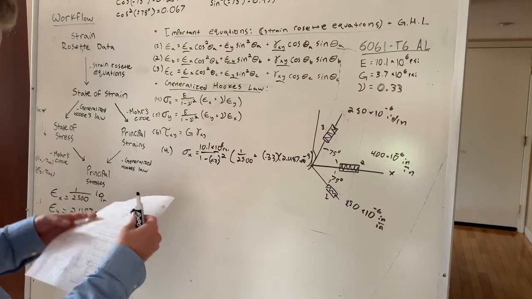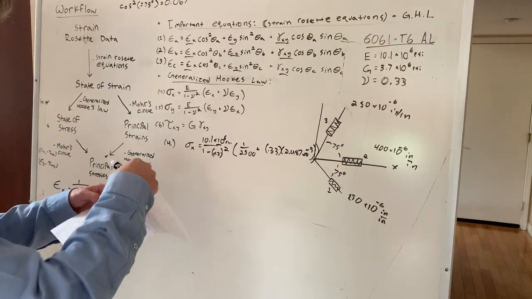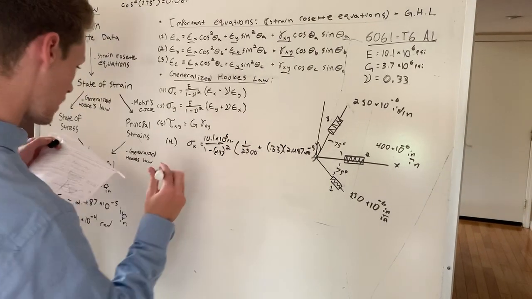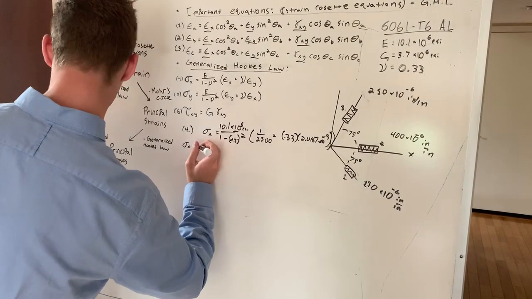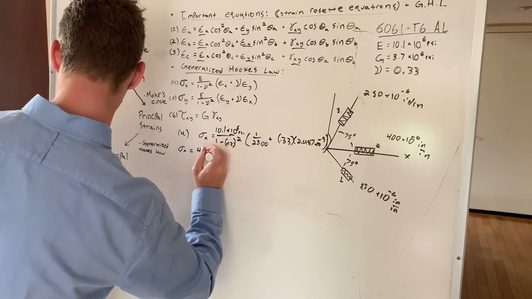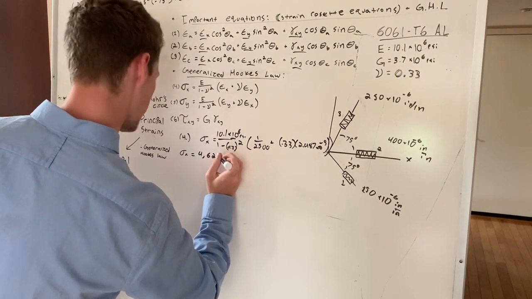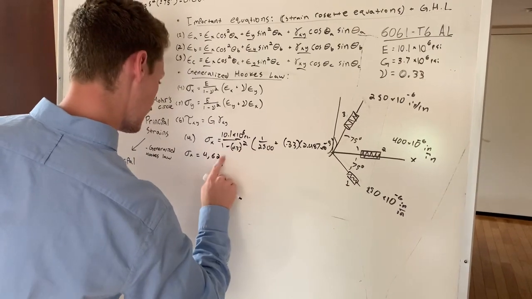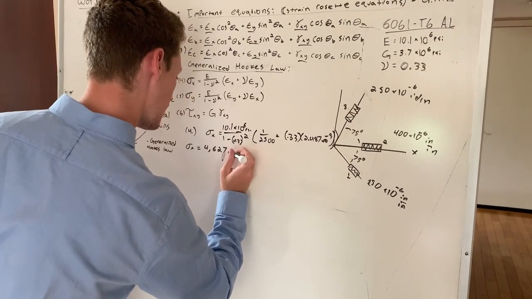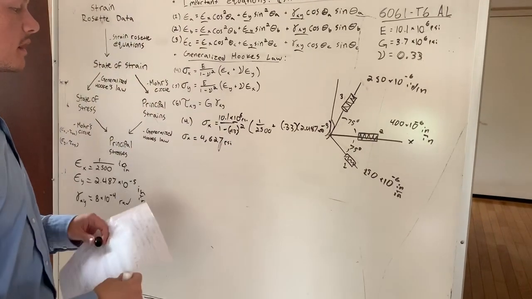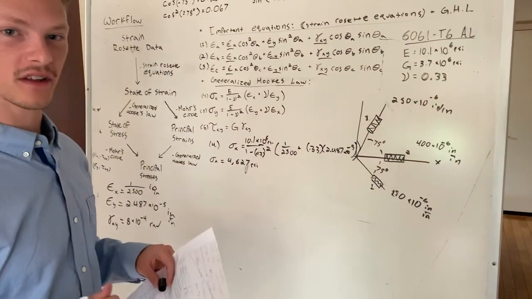And for your stress, you will receive the number, stress of x is equal to 4,626.27 psi, and we want this in KSI because it's specified in the question.